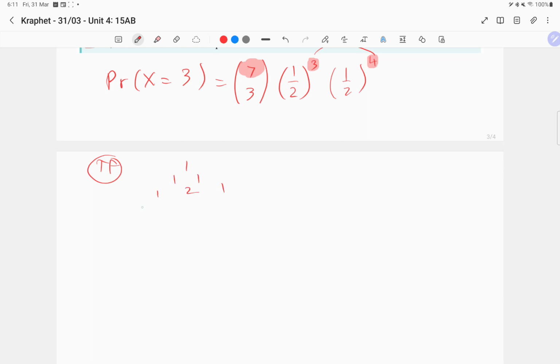So 1, 2, 1. All right, Peter, read out the next rows of the Pascal triangle for me. 1, 3, 3, 1. 1, 4, 6, 4, 1. Next one: 1, 5, 10, 10, 5, 1.